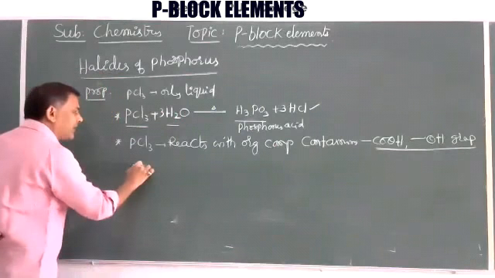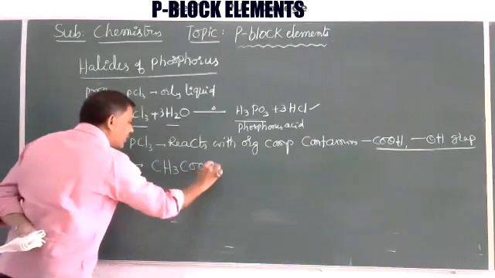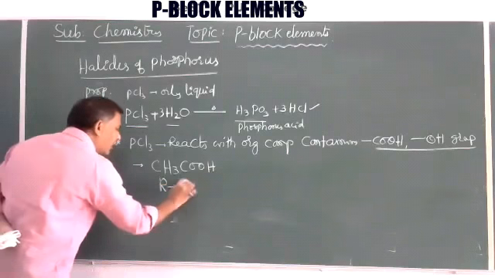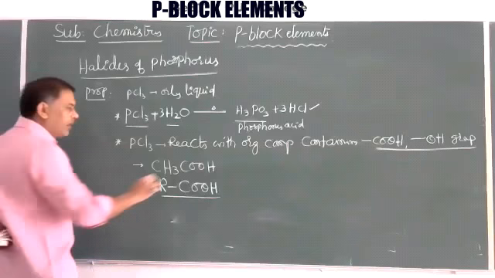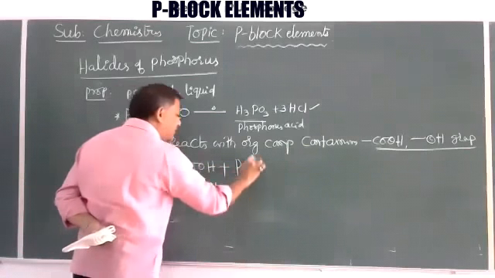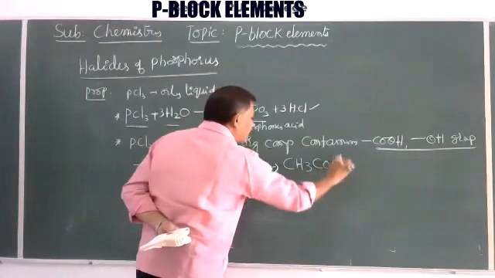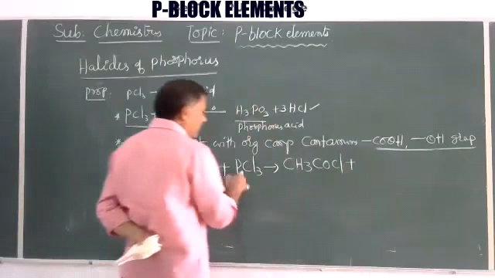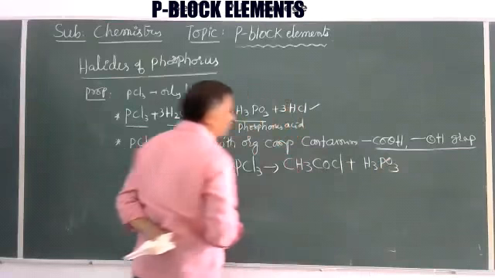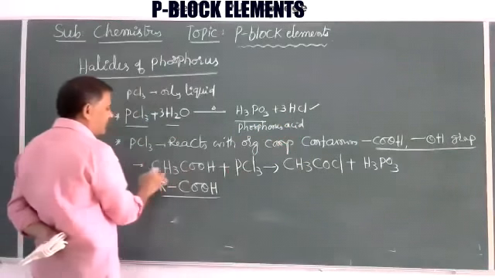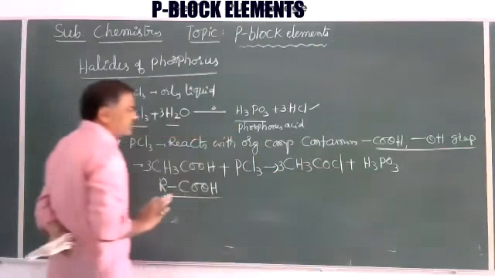Compounds containing the COOH group, like CH3COOH, is a carboxylic acid, or R bond COOH is a carboxylic acid. It reacts with PCl3, it gives the corresponding halogenated organic compound, plus H3PO3 is formed. Here 3 chlorine atoms are required, that's why take the 3 moles. Now with the 3 moles, it is balanced.